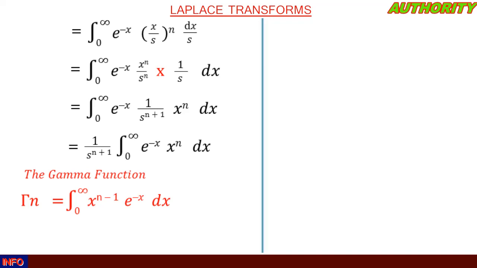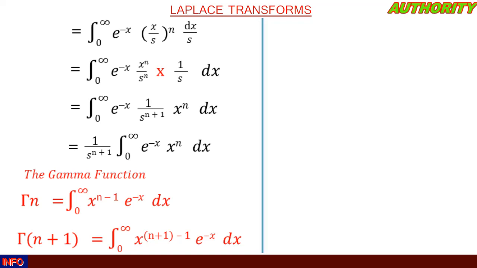What if you say gamma of n plus 1? What will it be? Anywhere you see n in this integral, we replace it with n plus 1. Okay, that is just the same thing. So when you say the gamma of n plus 1, it's going to be the integral from 0 to infinity x raised to the power of, in this place we have n, we say n plus 1 in bracket minus 1.